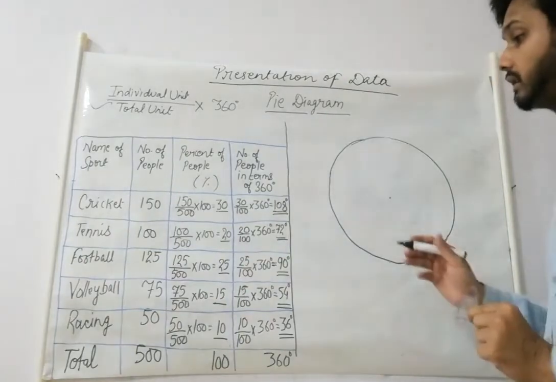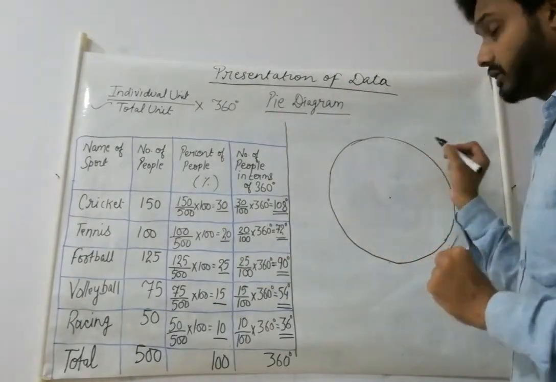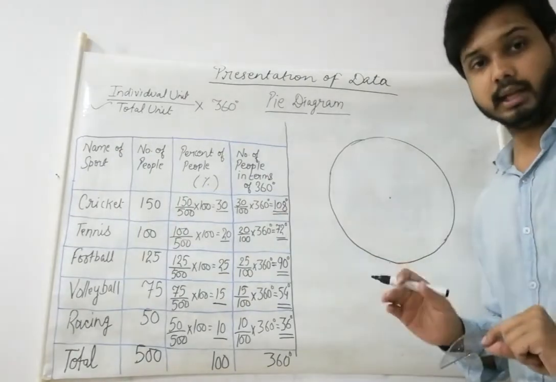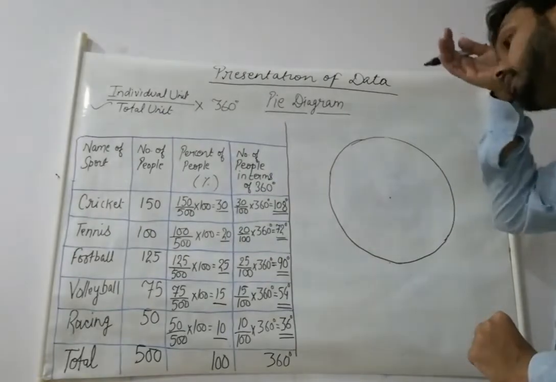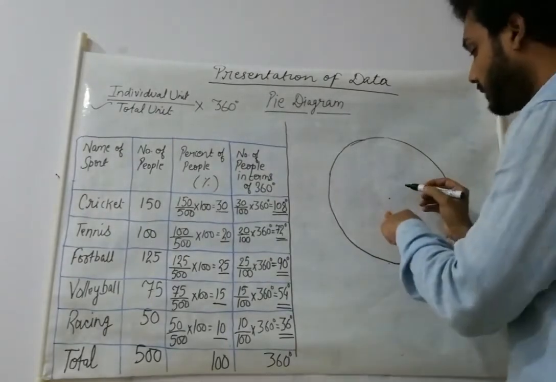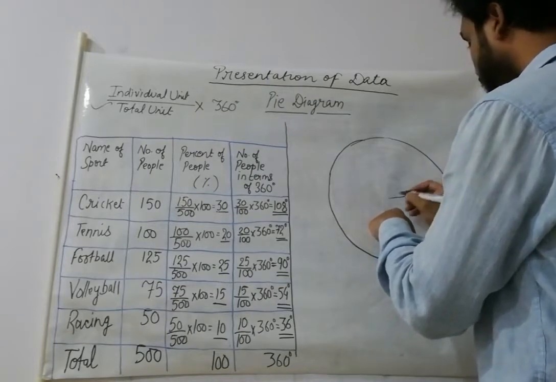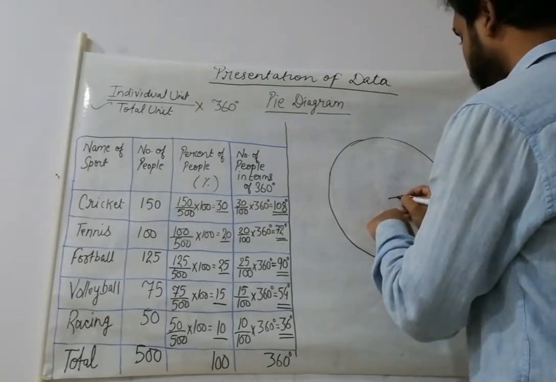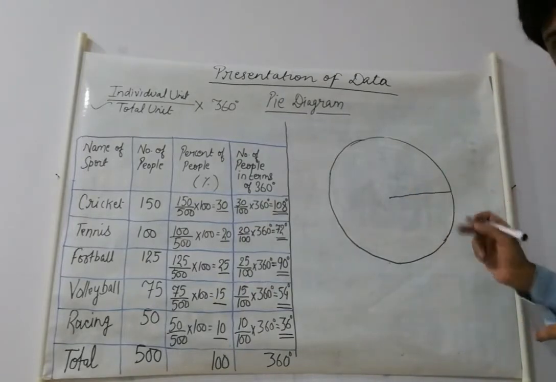So let us start. See, the first step to plot is you can draw a straight line in any direction, okay. The first step is to draw the straight line in any of the direction. So generally we take this in this direction, okay. We have drawn a line, it should be a straight line with the help of a scale in this direction.